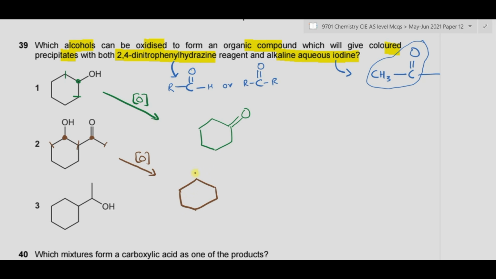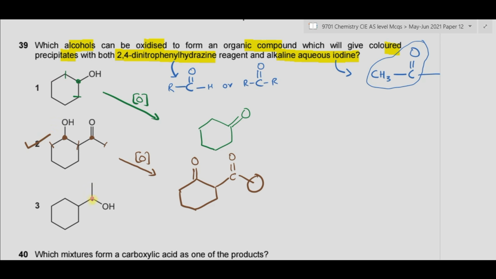Now we have 2 ketone groups in the product. As we can see that the ketones are present, 2,4-DNPH will give positive result and colored precipitate is formed. And we can also see that CH3 is directly attached to the carbonyl carbon, so therefore alkaline aqueous iodine will also give colored precipitate.